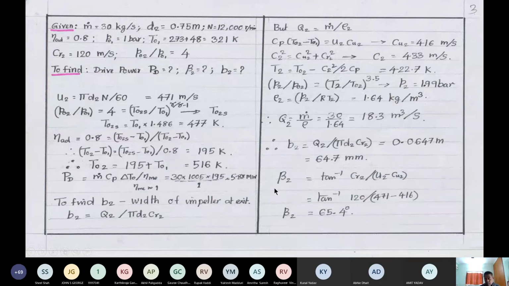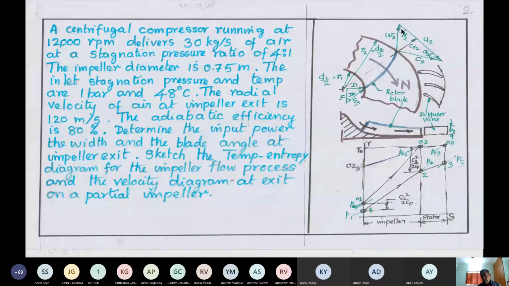Then finally, to find out the angle beta 2, we can use the relationship tan beta 2 is equal to CR2 divided by U2 minus CU2. So you can see here, this is beta 2. Tan beta 2 must be CR2 divided by U2 minus CU2.